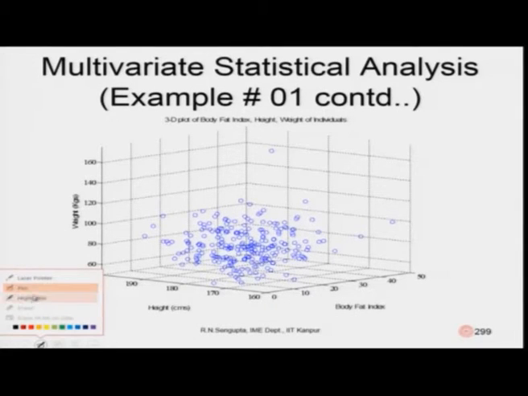So, if I consider, for example, arbitrarily, this value, this person. If you drop a vertical, the body fat index would be about 42. I am just arbitrarily giving it.